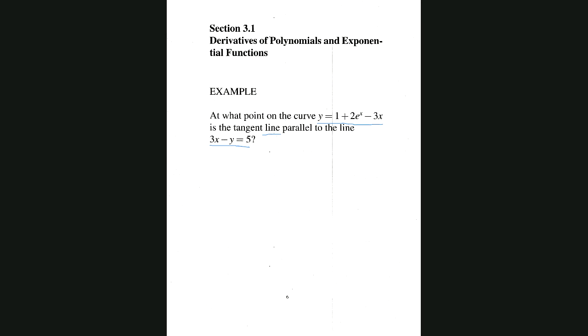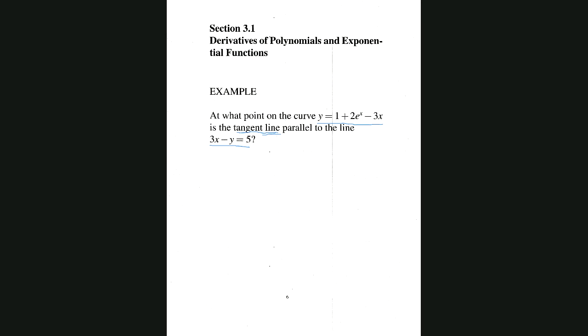When tangent line is mentioned in a problem, what do you think of finding? Slope. And slope is the same as, well, what's another word for slope in calculus? Derivative. Very good, Lynn.